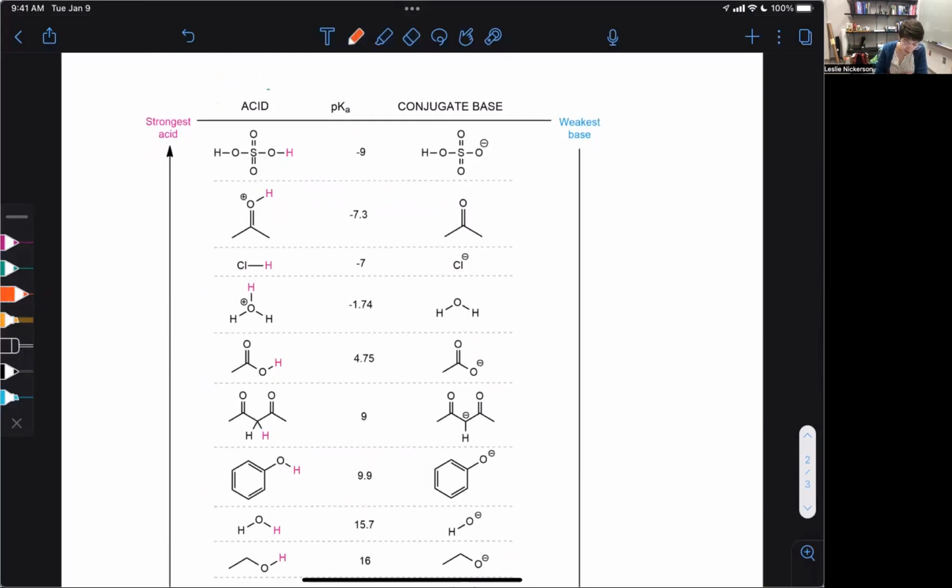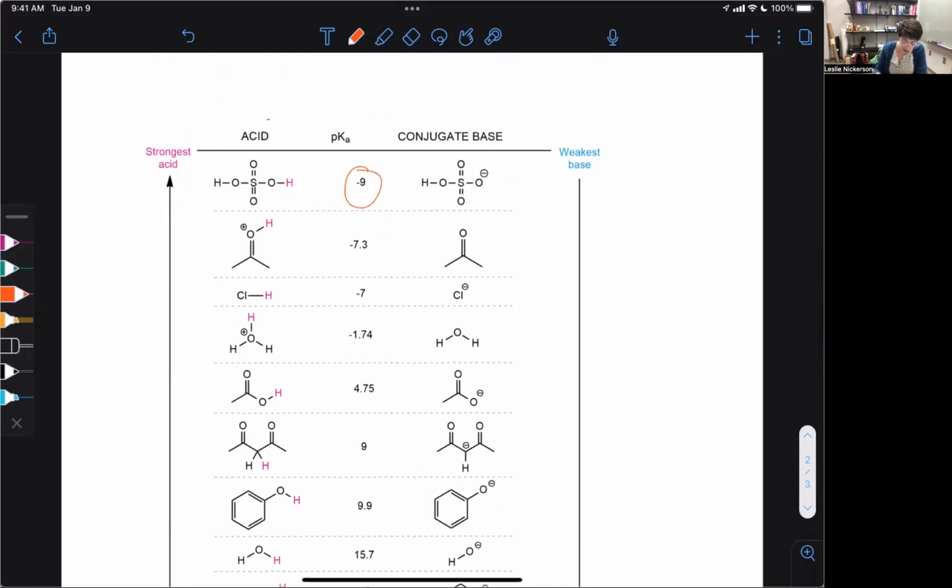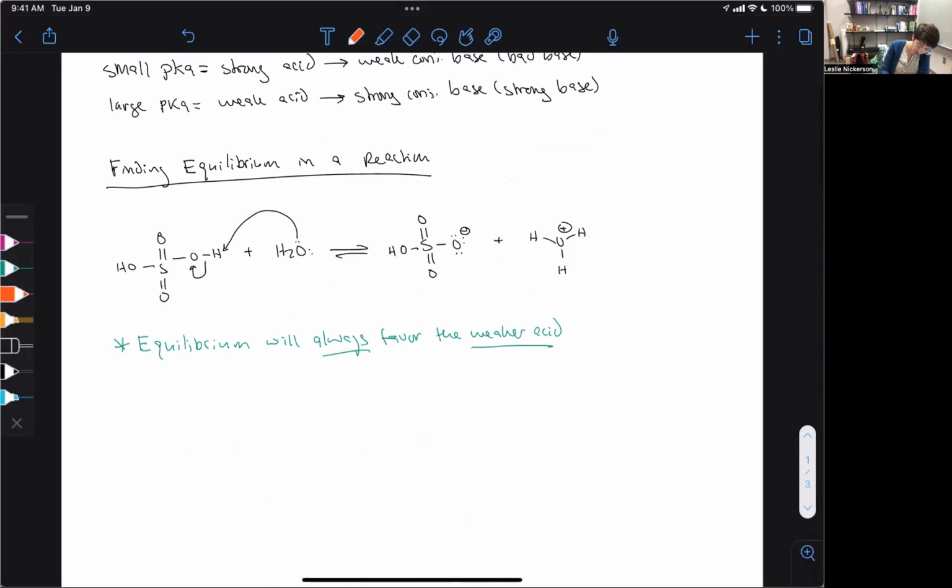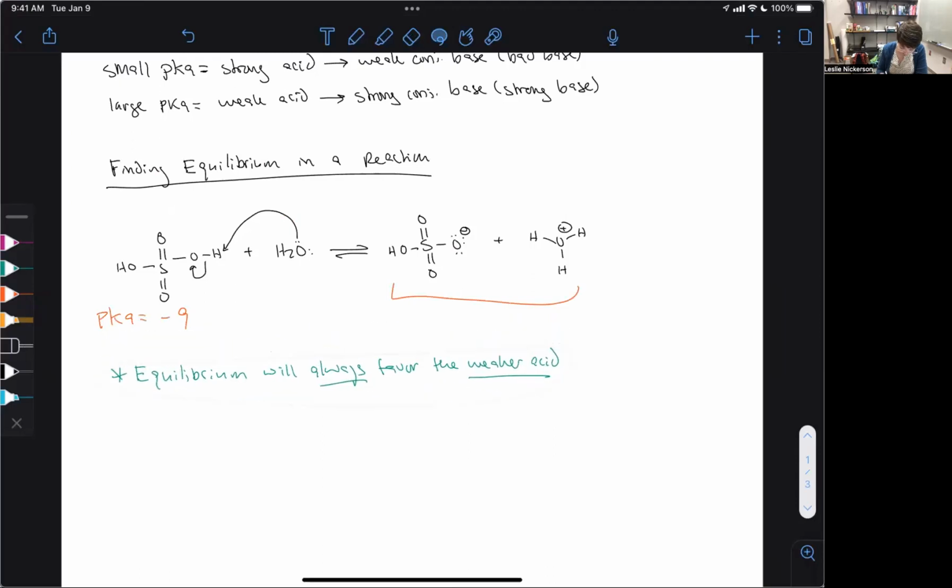So let's stay focused. The pKa of sulfuric acid is -9, okay? So I'm going to just transfer that number up here. I'm only putting it below my sulfuric acid because that is the acid that I'm using, okay? Then I need to look at the acid that is on this side. So we're going to keep in mind here, we've got acid, base, conjugate base, and conjugate acid, okay?